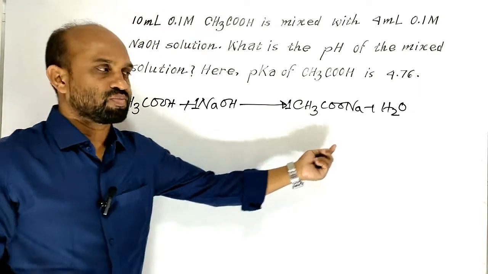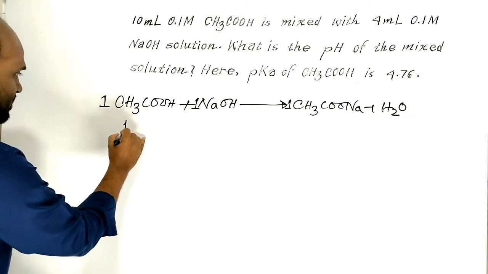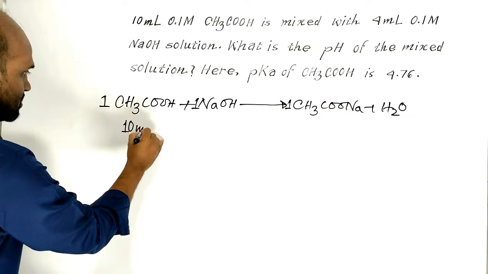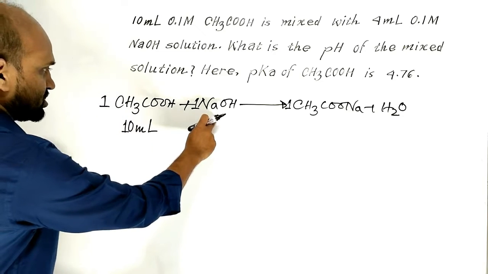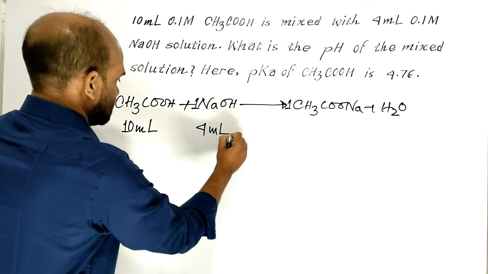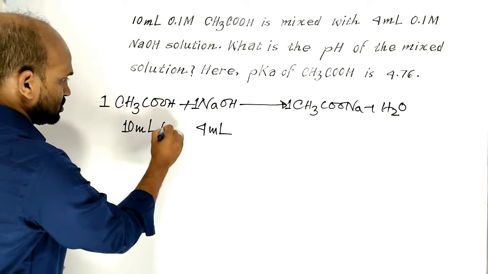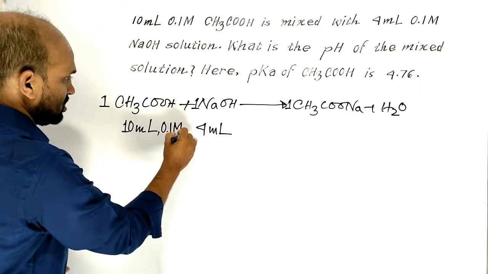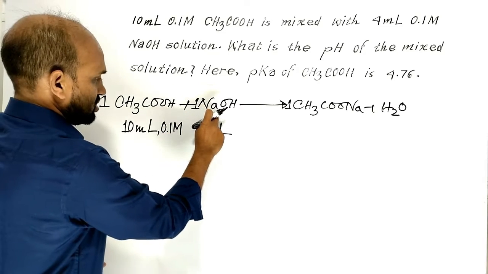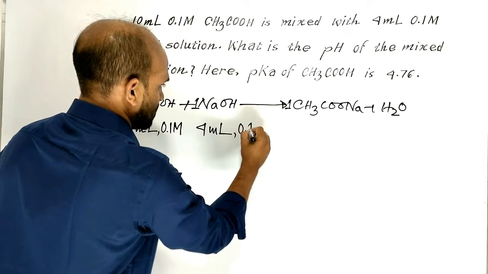In this mathematical problem, acetic acid is 10 milliliter and sodium hydroxide is 4 milliliter. Strength of acetic acid is 0.1 molar and strength of sodium hydroxide is 0.1 molar.